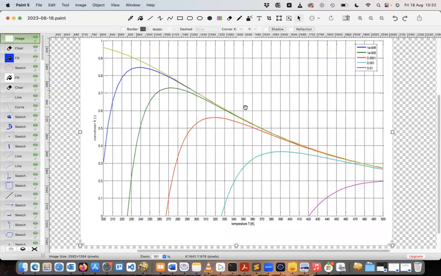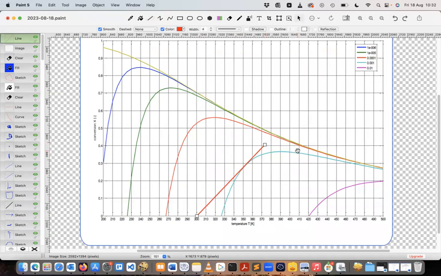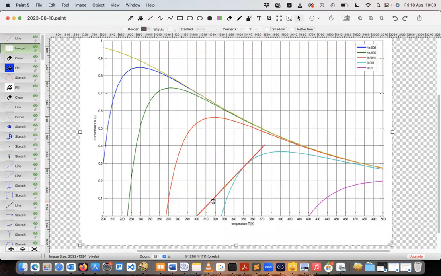We said also that we might specify an inlet temperature. So for instance, if 300 is an inlet temperature, and if we were to draw an adiabat, we would progress up and we would reach some point depending on the volume of the reactor. For a CSTR, as we increase the volume, we would be achieving higher conversions.